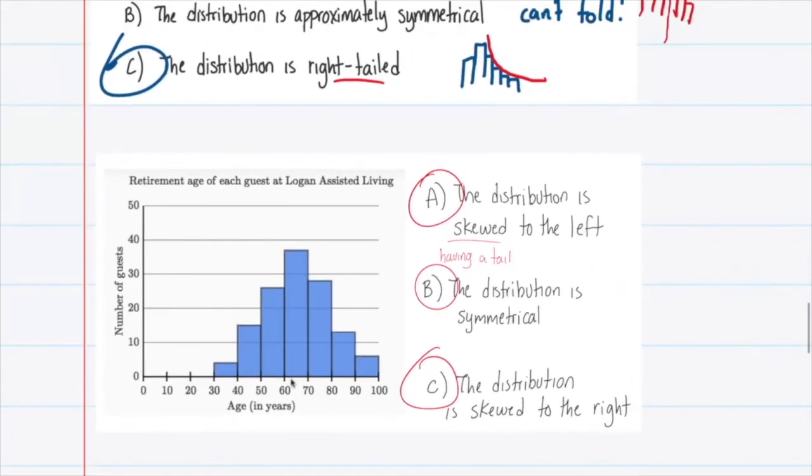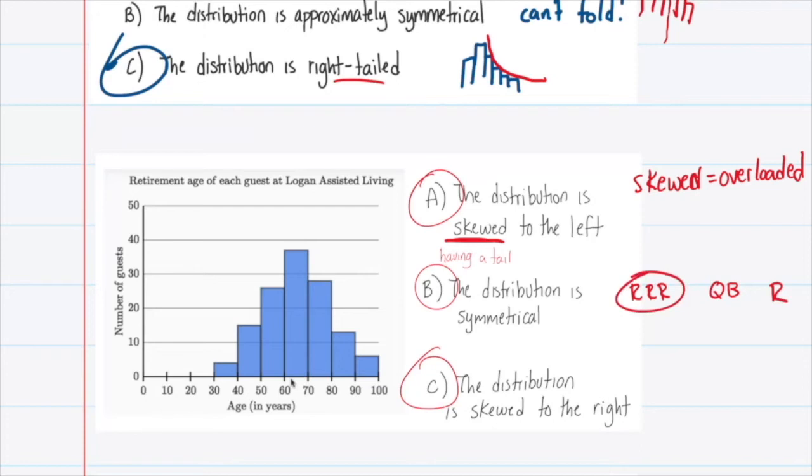Let's look at this histogram. They're asking you, is the distribution skewed to the left? Another vocabulary word, skewed. So what does it mean, skewed? Skewed means like it's overloaded. Imagine in football, when you have the quarterback and a bunch of receivers on the left and only one receiver on the right.